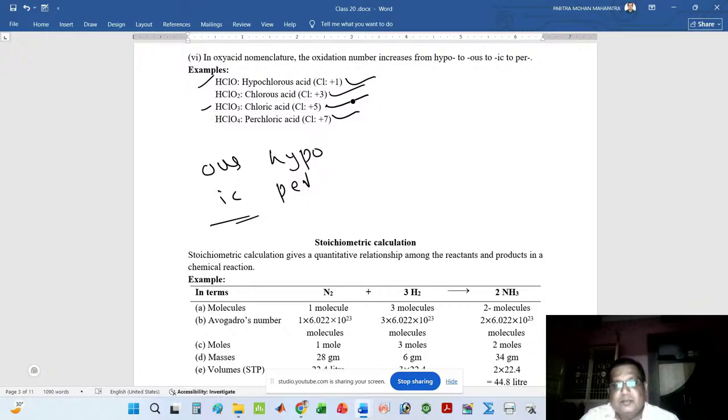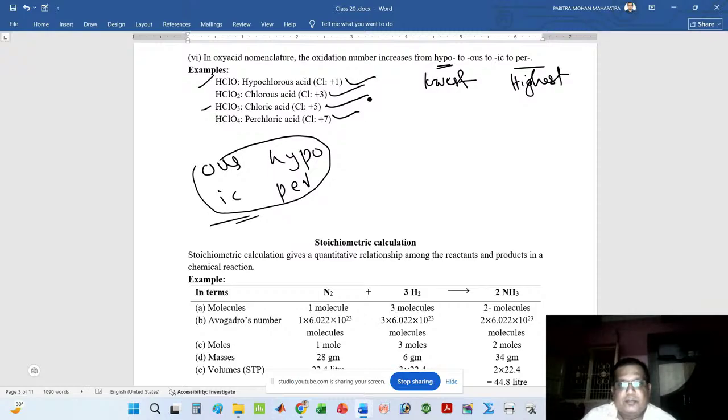So if you think about the order of naming, hypo is used for the lowest oxidation number, and per is used for the highest oxidation number.